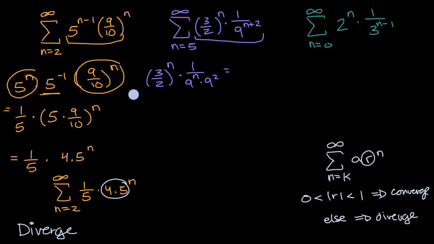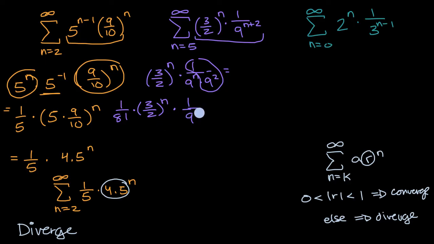This is going to be equal to 3/2 to the n, and I could factor out or bring out the 1/9 squared. So I'll write that as 1/81. That's this part right over there. 1/81 times 3/2 to the n times 1/9 to the n.